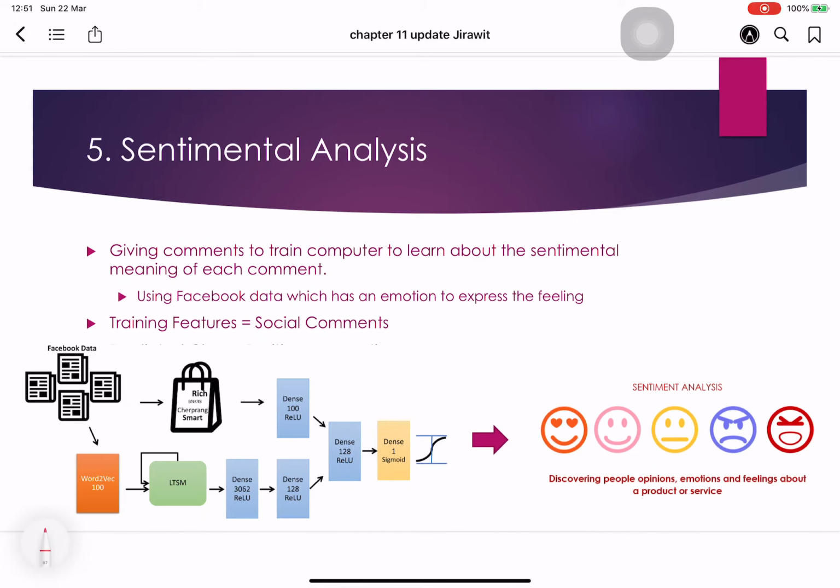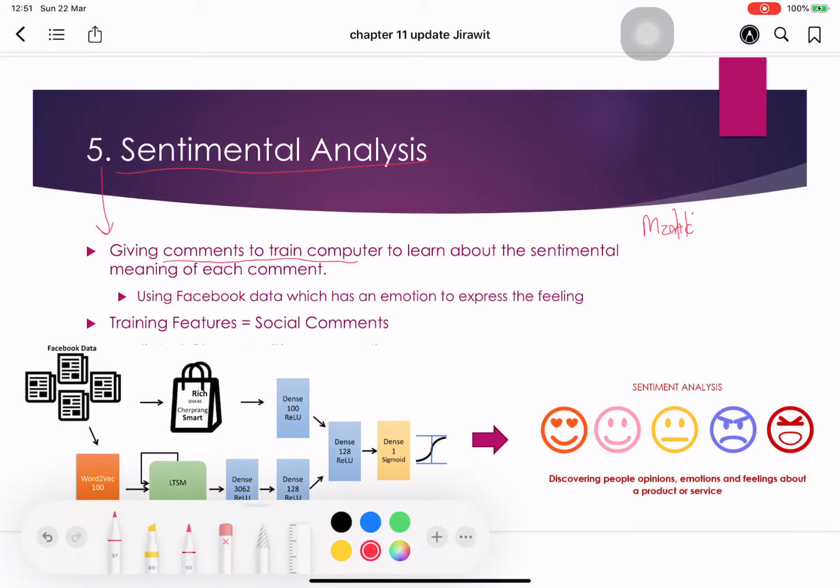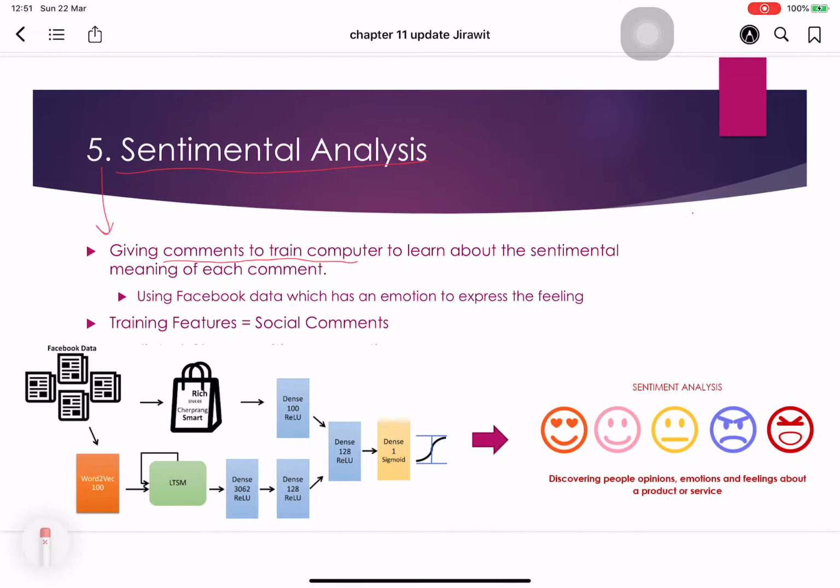And number 5 is sentimental analysis. This is giving comments to train the computer. You may have heard about machine learning.